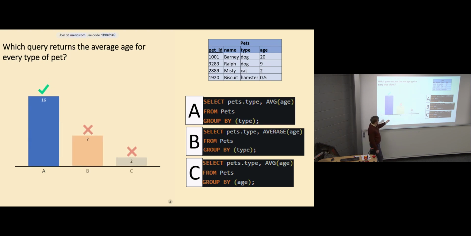Part A, yes, good. That was a bit of a cheeky one by me, I put average instead of AVG, but it's just AVG in SQLite. So A: pets.type, we're averaging the age, and we're grouping by type.